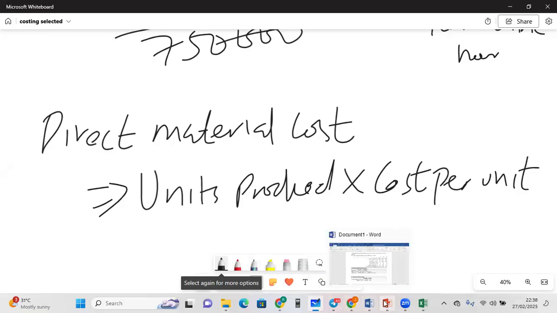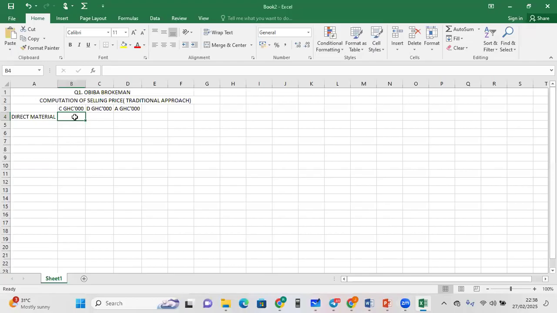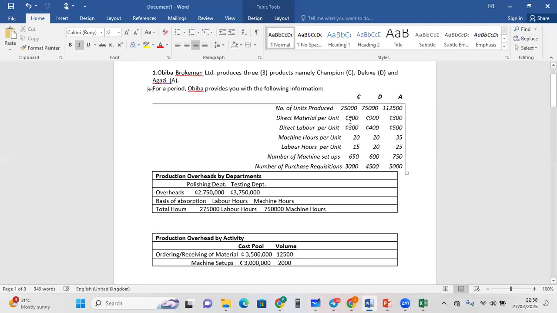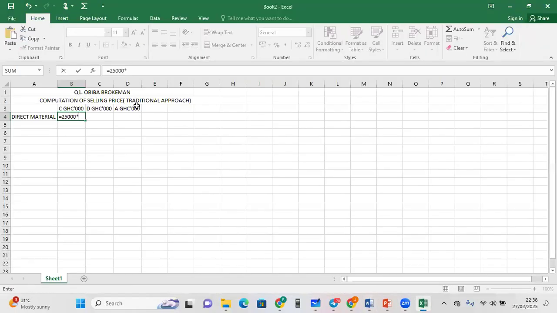So here, the units produced equal to 25,000 times the cost is what? 500 for C. You are doing for C, the cost is 500. That's it, right? But because of, okay, let me not remove the cell.